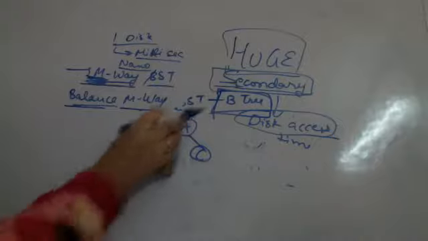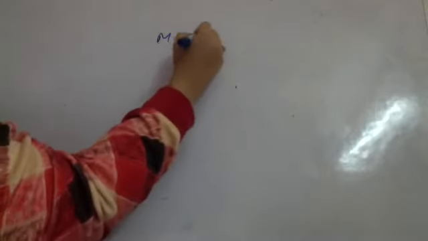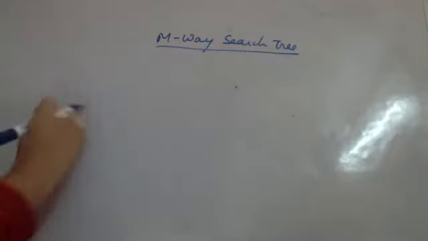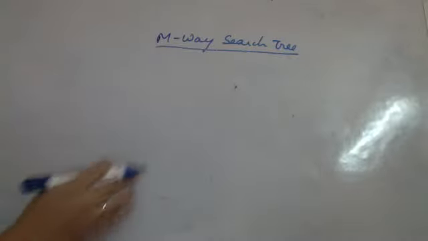Now let us understand what is an M-way search tree. What do I mean by that? So until now, what we had read is that they are binary trees. They are having only two children. Every node is having two children. Now I'm saying, when I'm talking about an M-way search tree, every node can have M children and M minus 1 keys.